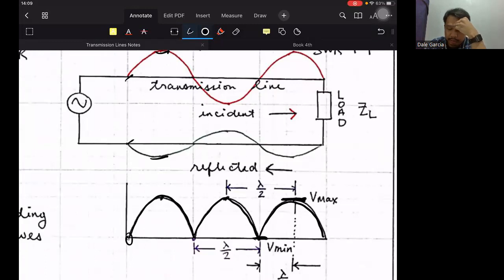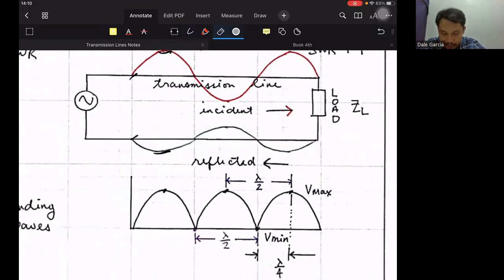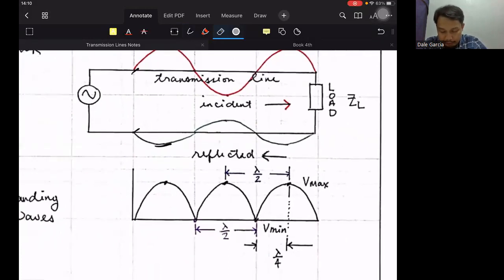If our load has a value but not equal to 0, I don't think the Vmin is 0, since there would be a minor value. Ignore my mention of that. So that is where we measure the standing waves: the sum of the incident and the reflected waves.